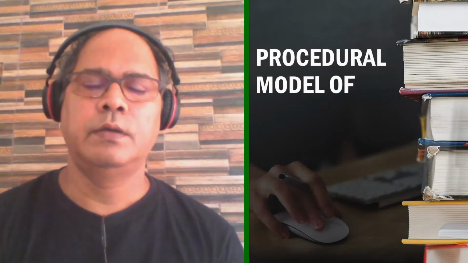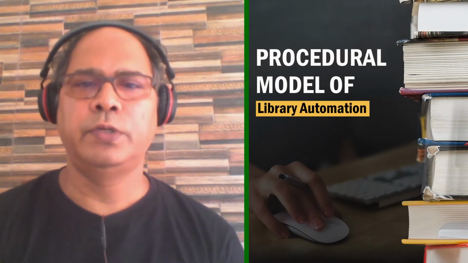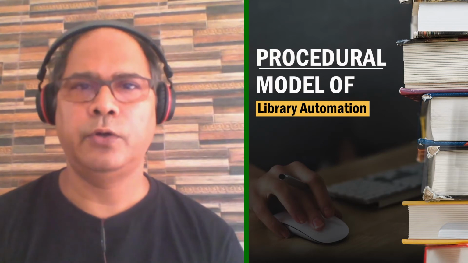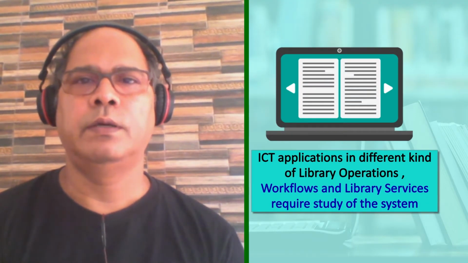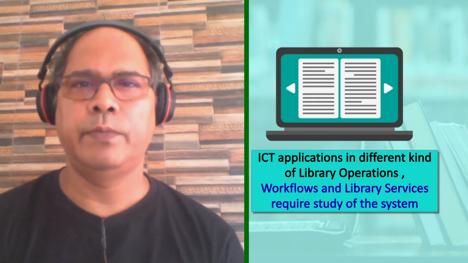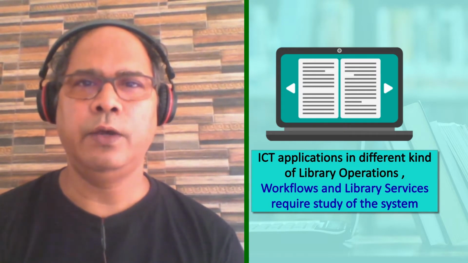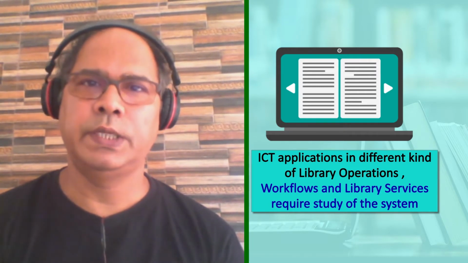Dear students, in this particular tutorial, we are going to learn the procedural model of library automation. Before starting, let me tell you one thing: ICT applications in different kinds of library operations, workflows, and library services require a study of the system, how it is working, how it is operating at the minute level.